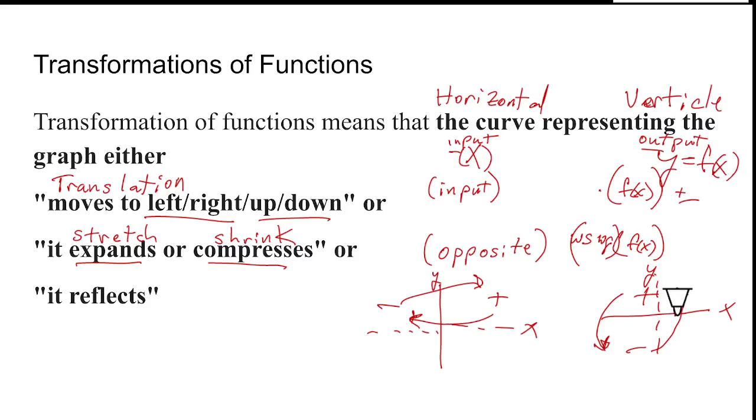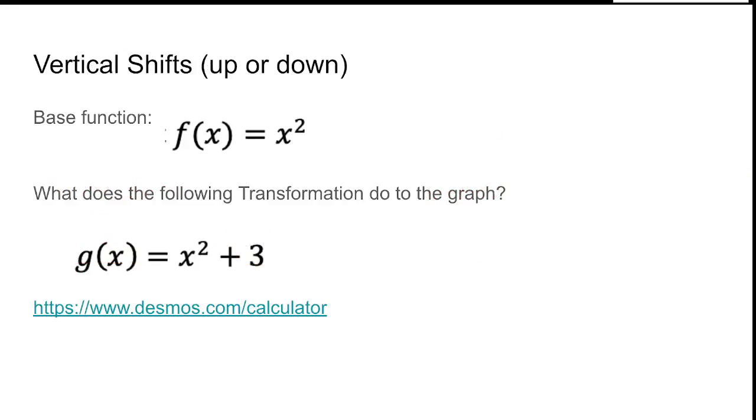Anything on the x-axis in this case has a y value of 0, so you change the sign. Positive y is exactly the same thing as negative y, so that doesn't change. Same thing with the y-axis reflection. Anything that's sitting on the y-axis has an x value of 0, so its value will not change. And we'll see that directly reflected in the examples we take a look at.